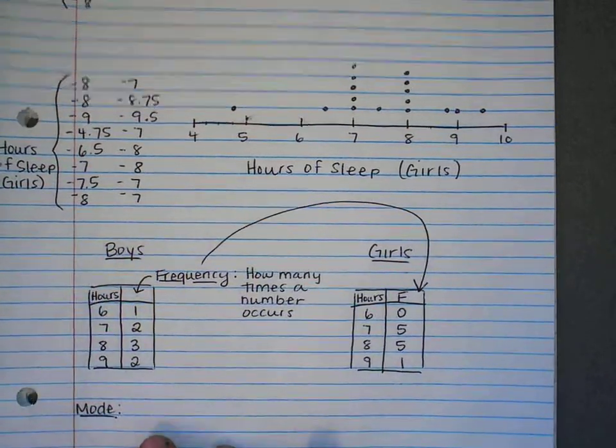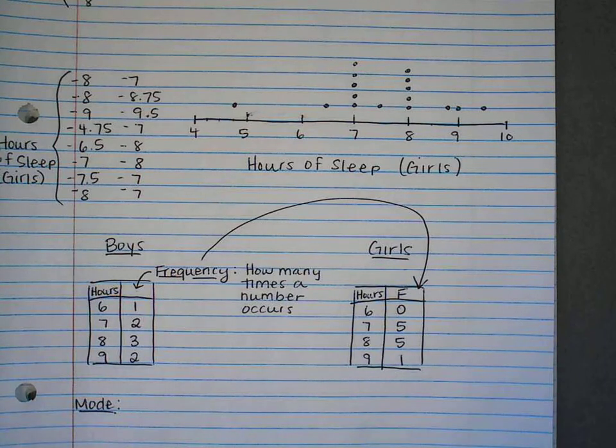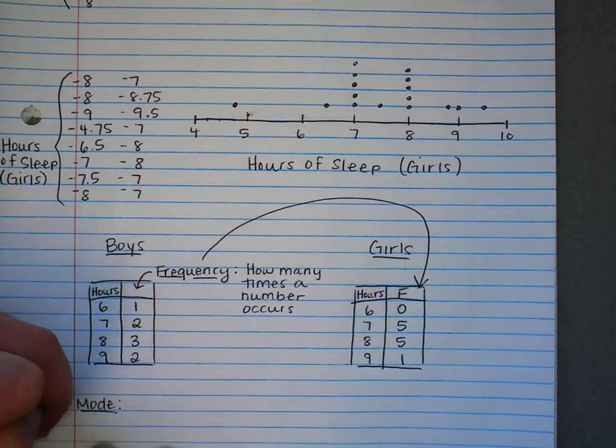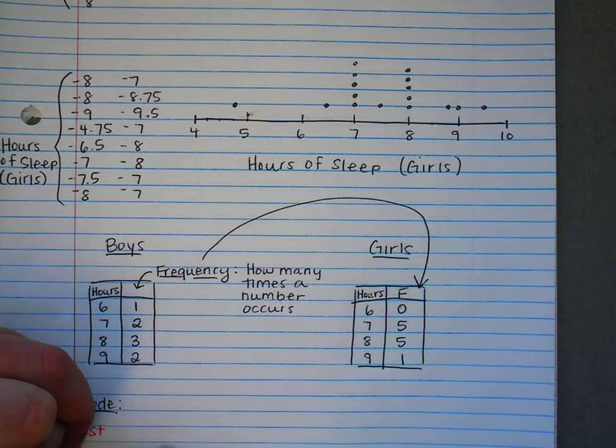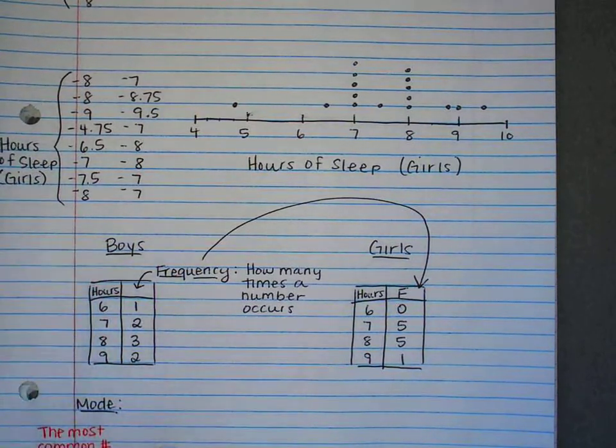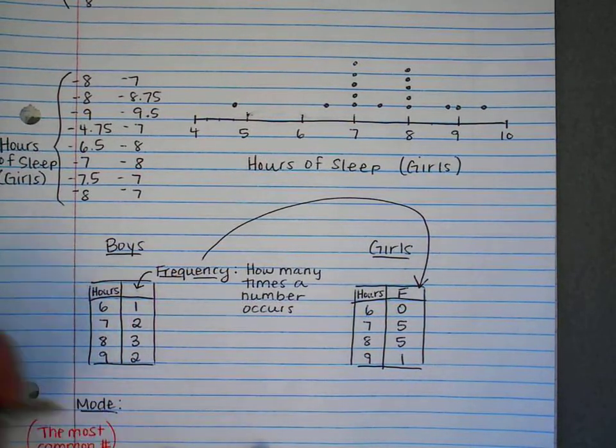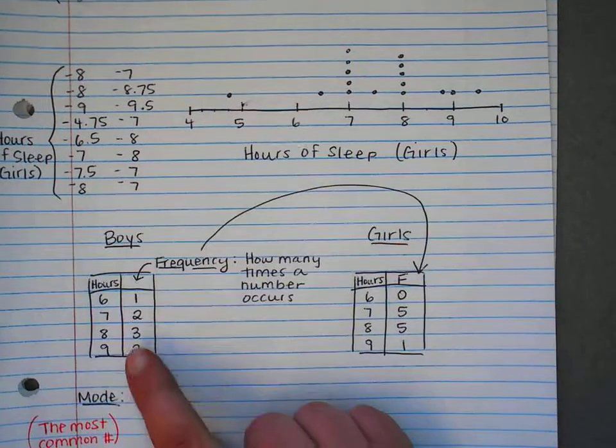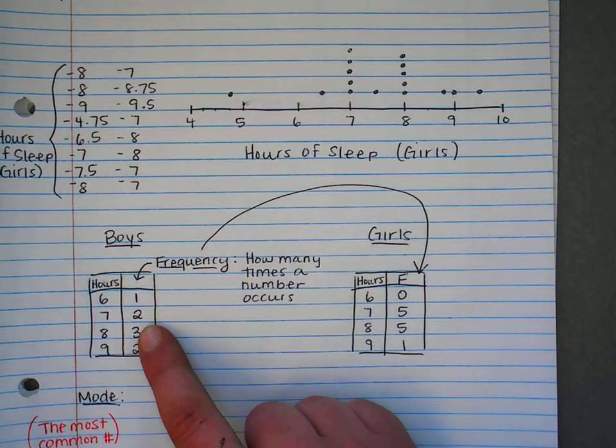The definition of a mode is just the most common number, or in other words, the number with the highest frequency. Which one appears the most? Which one is the most frequent?